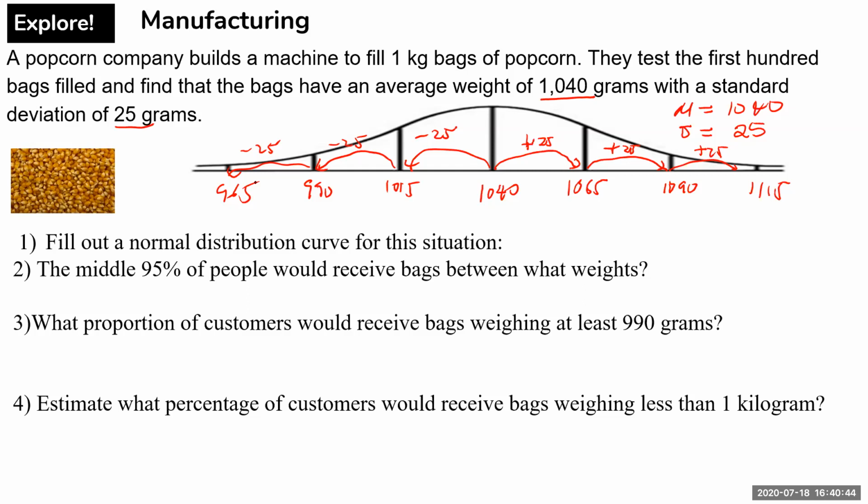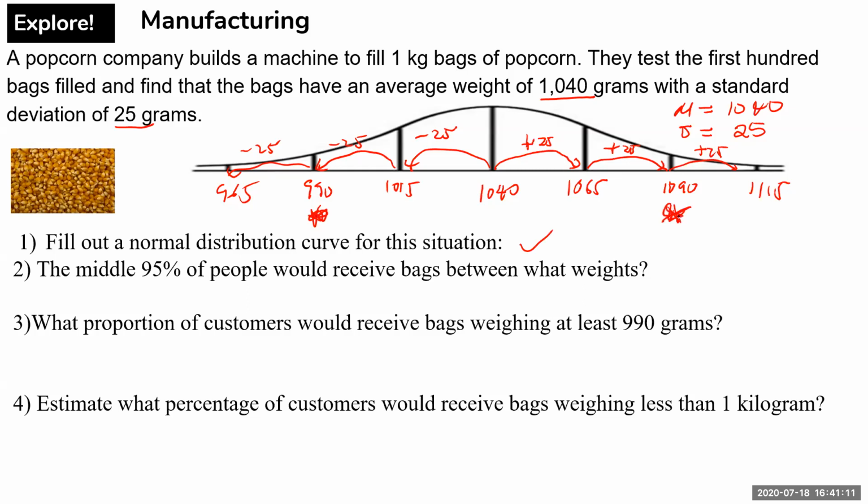So you've done the first part of the question. Now, the middle 95% of bags. Don't forget that when we talk about the middle 95, we are talking about the second standard deviation. And we know that on page 192, the second standard deviation is this number.